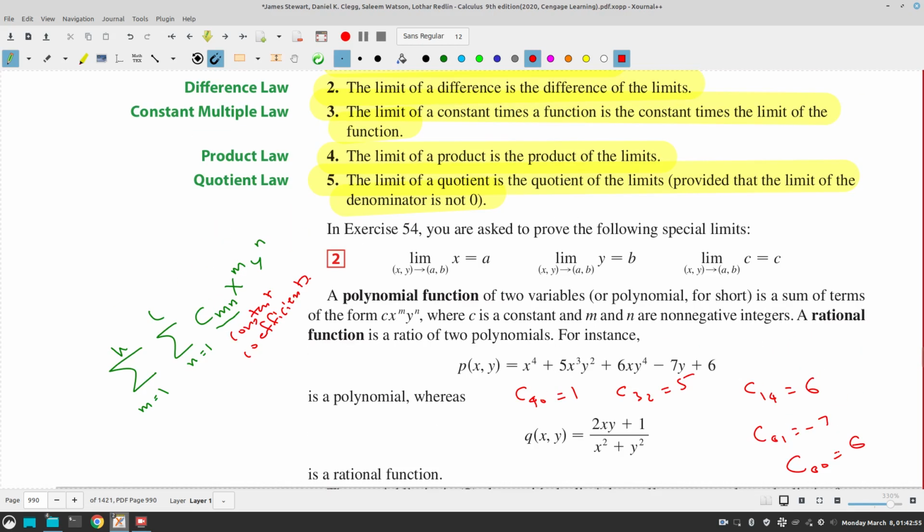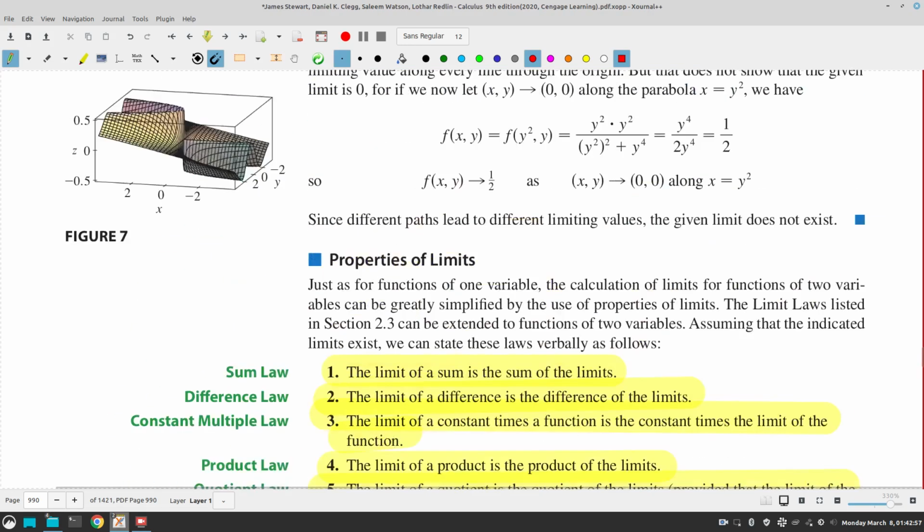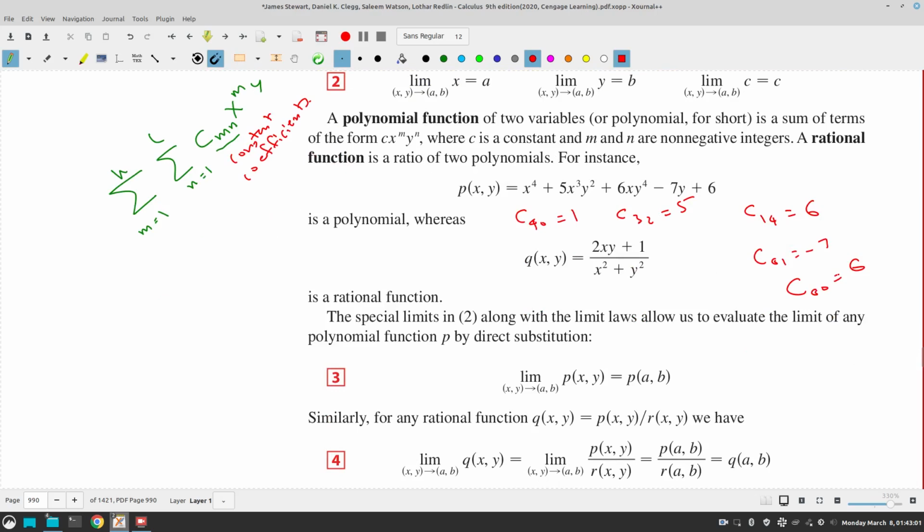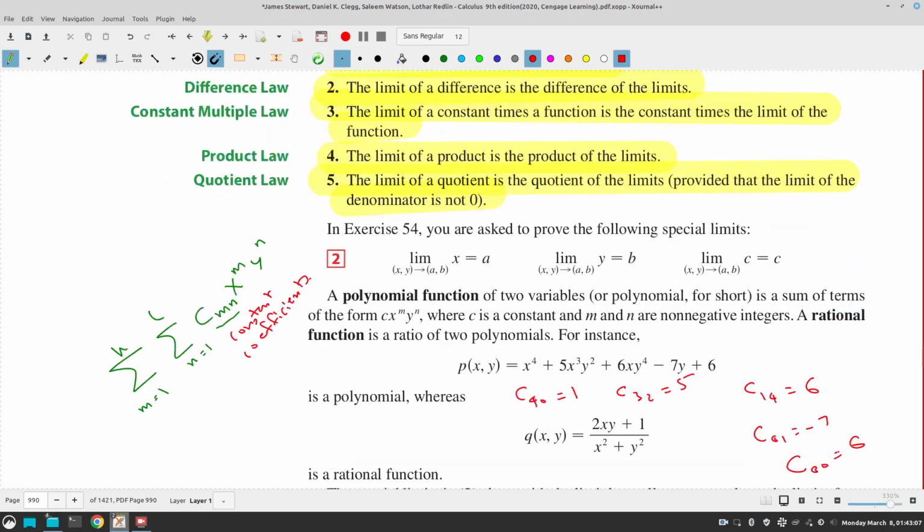The special limits in 2, along with the limit laws, allow us to evaluate the limit of any polynomial function P by direct substitution.